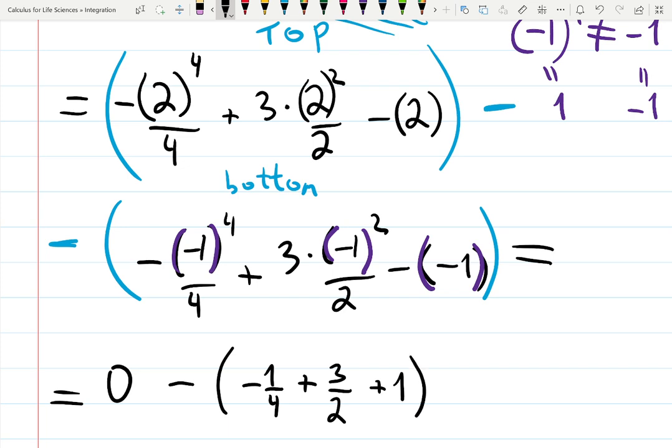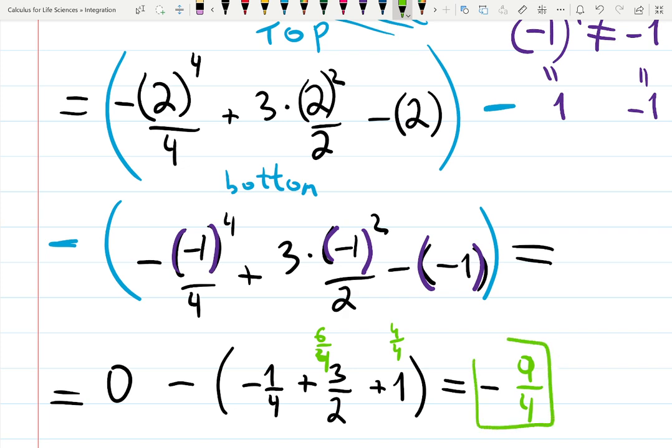That would come out to minus, let's see, common denominator. 2 times 3 is 6, 6 halves, and this one is 4 fourths, 6 quarters, and 4 fourths. 10 minus 1 is 9, right? Minus 9 quarters.